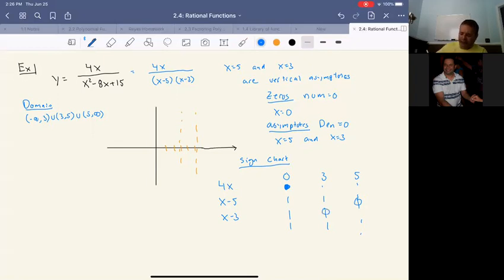Okay, so all of these change from negative to positive in the same way that we did before. So for example, 4x looks like so, changes from being negative to positive.